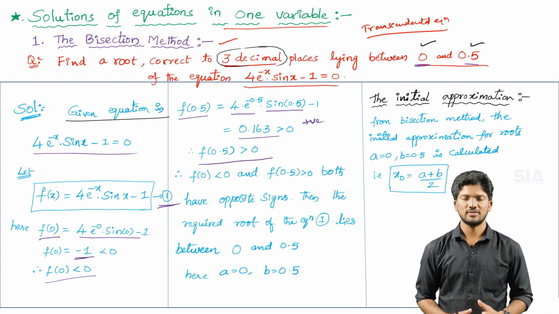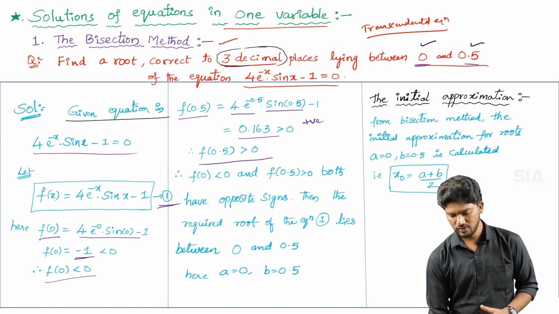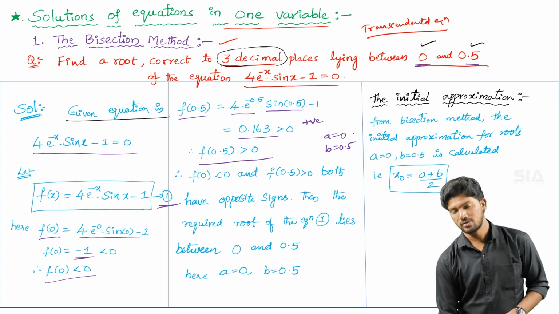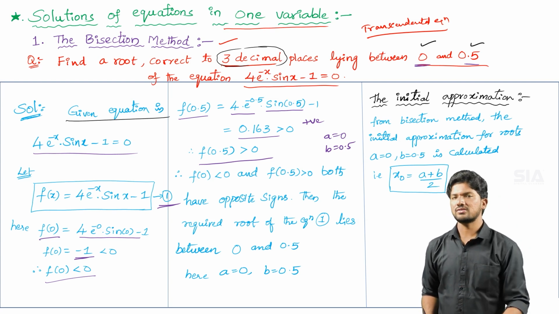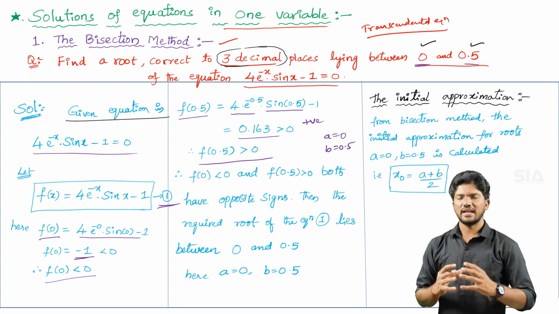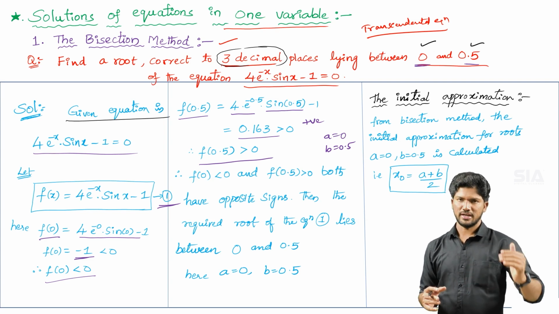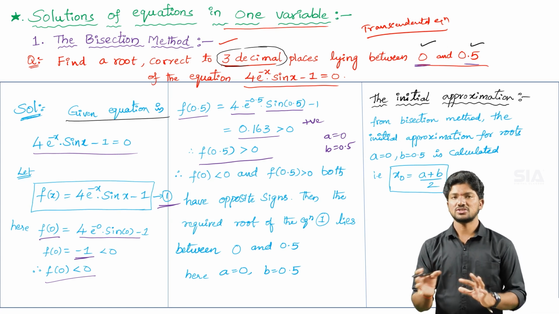In the statement of the problem they clearly mentioned 0 and 0.5, so you consider a is equal to 0 and b is equal to 0.5, and substitute those two values only. If they did not give those values, by trial and error method you have to substitute 0, 1, 2, 3, minus 1, minus 2, minus 3 respectively to get the opposite signs.